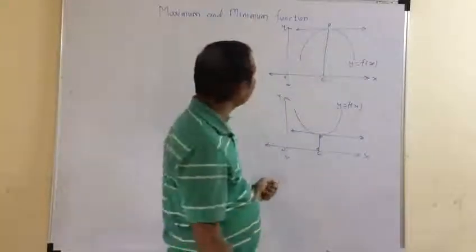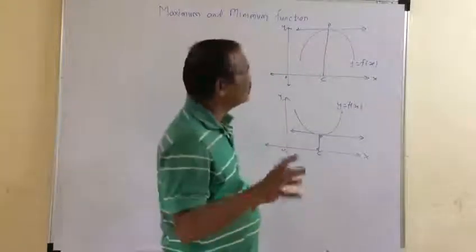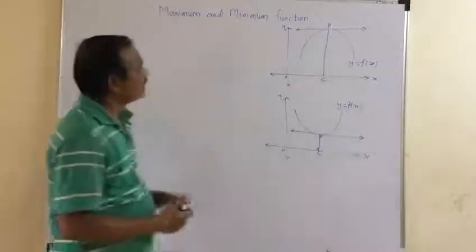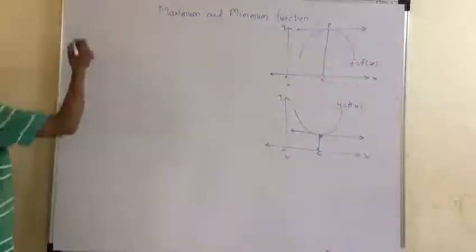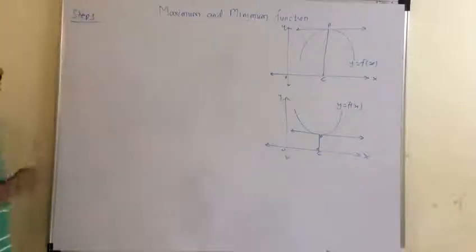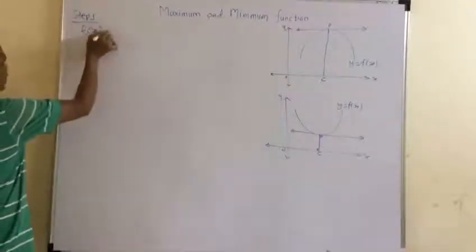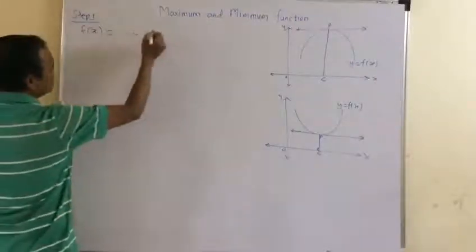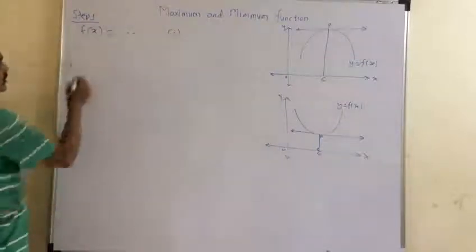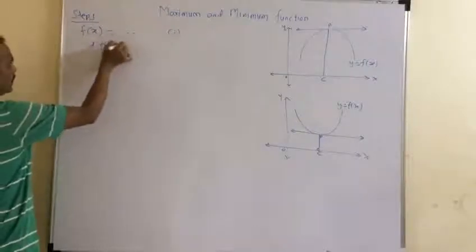Now we have to find maximum and minimum value. Now there are some important steps. First we have to write the given function, say f(x) is equal to the given function. This is our equation first. Now differentiate this equation with respect to x.